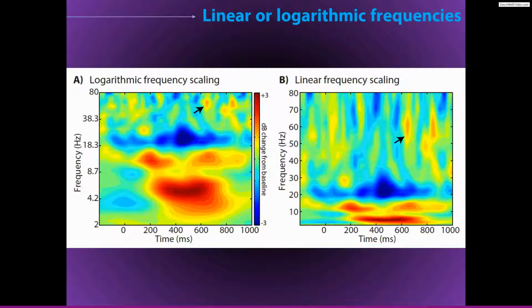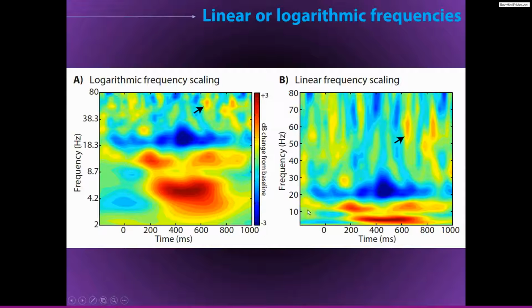So, of course, both are fine, and you can do whichever one you prefer. In general, if you are highlighting the lower frequency activity, or if the lower frequency activity is more relevant for your study, then I would recommend going with the logarithmic frequency scaling, really just because visually the lower frequencies are a bit more prominent.